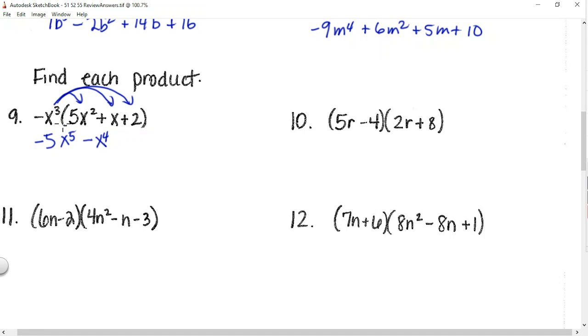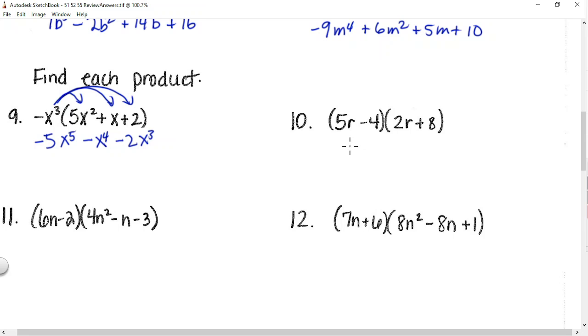Okay, so now we take the negative x cubed times 2. So the number is just negative 2, and we multiply numbers, negative 2x cubed, like that, and that is the answer. You have to look at the end then to see, can we combine like terms, and there's nothing to combine here. Okay, so that's it.